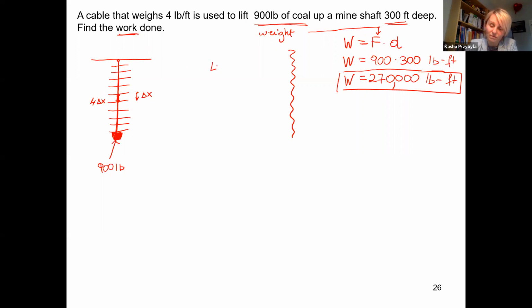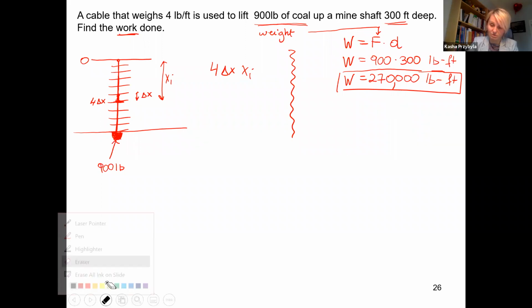Now we have 4 delta x, and we also have to apply the distance, so we will always look at the distance above. This is x sub i. It's the weight times the distance that I have to lift it. My distance x sub i will change from 0 to 300 feet.